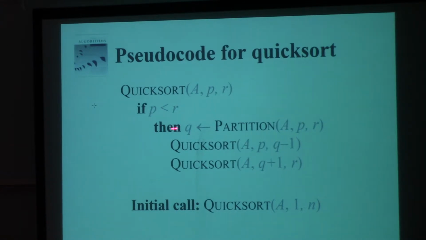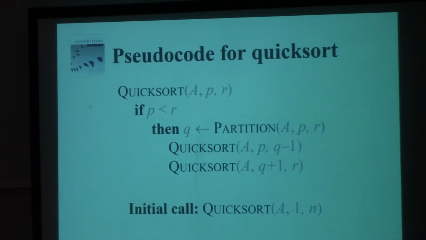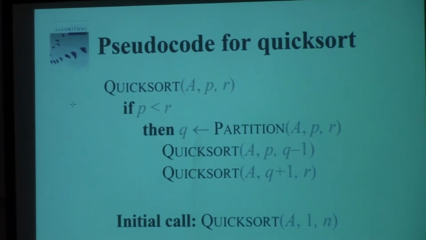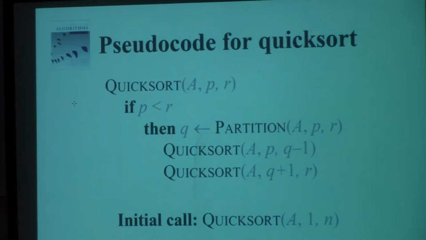At least 2, right? Because if P was equal to R, that's 1, so I have at least 2 elements. Because if I don't have at least 2 elements, then guess what? It's done. If you want me to quicksort 1 element, I'm done.